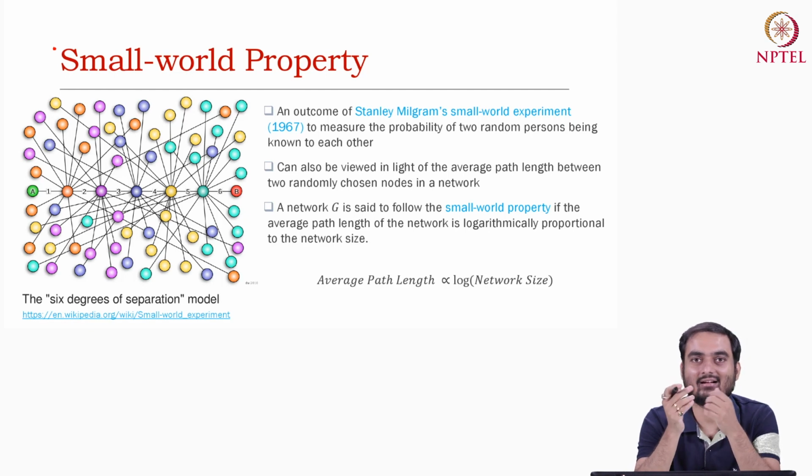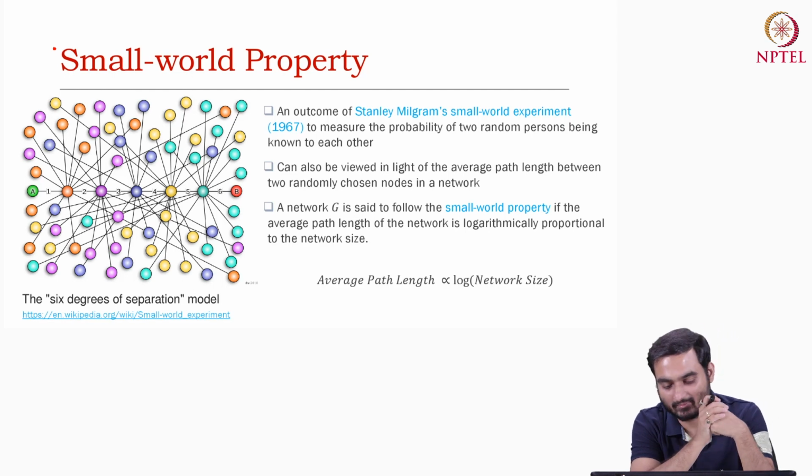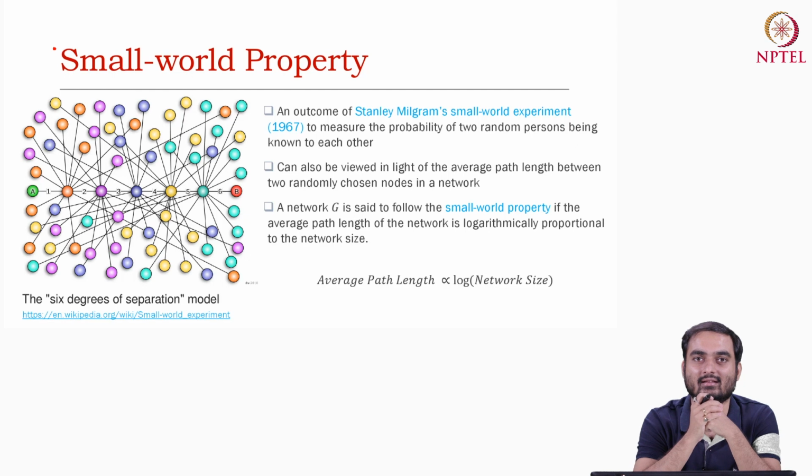It turned out there was a very interesting social science experiment way back in 1967, 1968 by Stanley Milgram, and it turned out that the shortest path distance between any pair of nodes in a network is 6. It sounds very unrealistic.